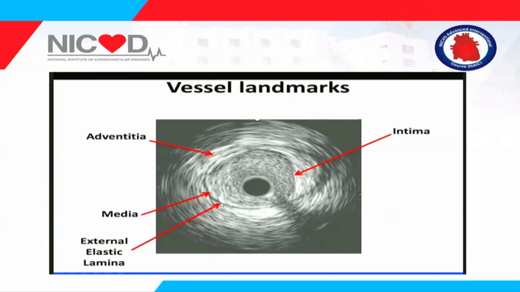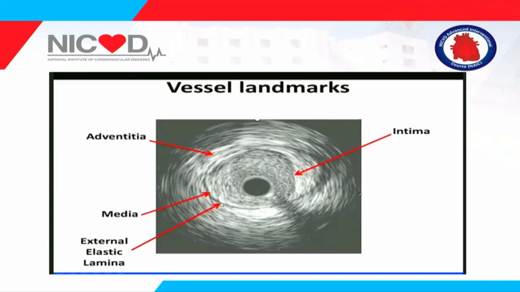Without imaging, you cannot go for an optimal intervention. If you take the help of imaging, especially in left main interventions, complex interventions, calcified interventions, and bifurcations, without the help of imaging, you cannot get very good results in the long term and short term.